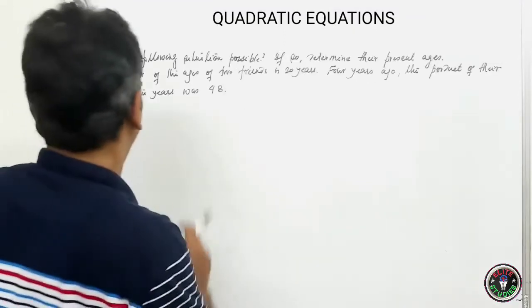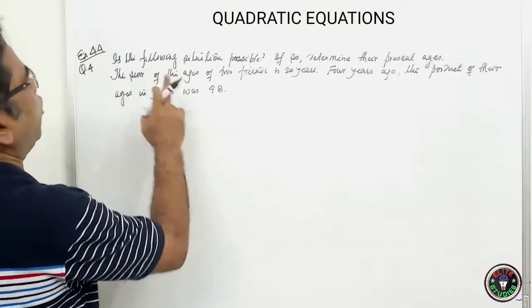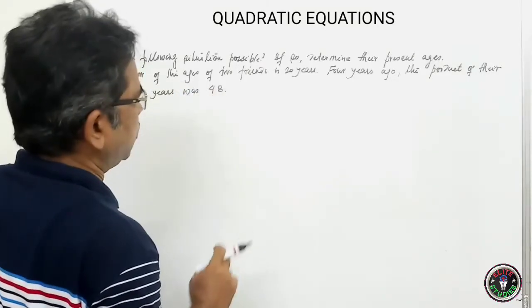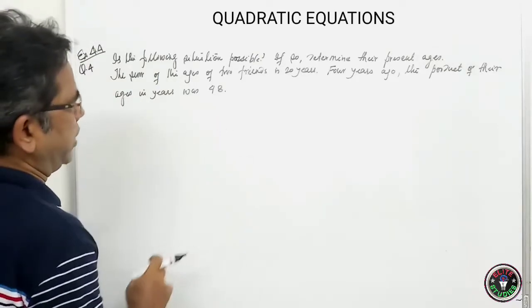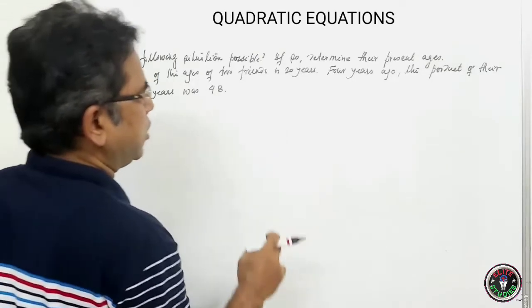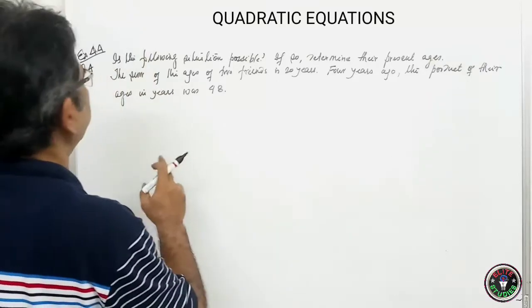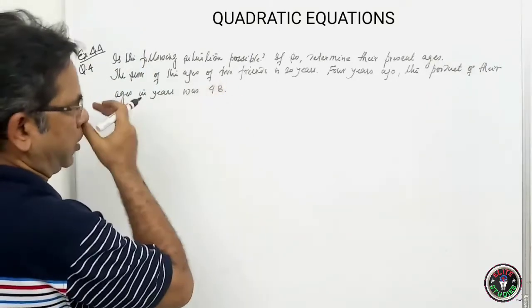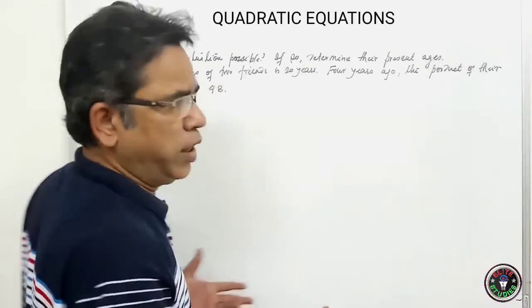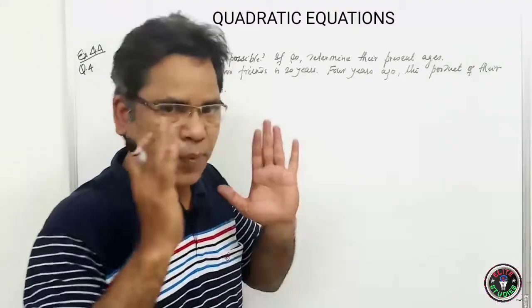Now let us do question number 4. Is the following situation possible? If so, determine their present ages. The sum of the ages of two friends is 20 years. 5 years ago, the product of their ages in years was 48. So whether these conditions are possible or not. As I told you, in such type of questions, we will frame the equation.